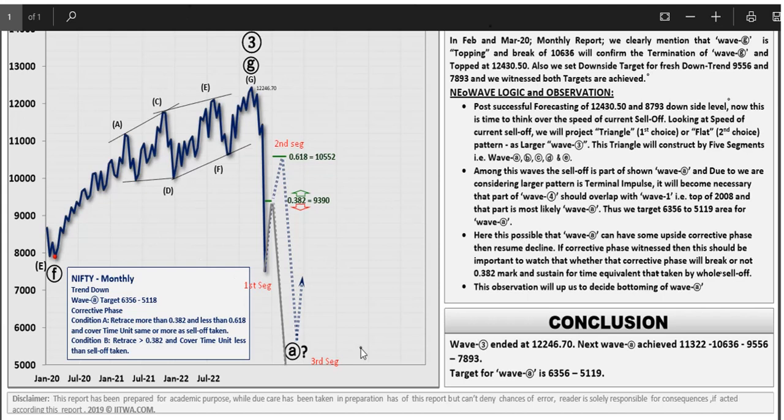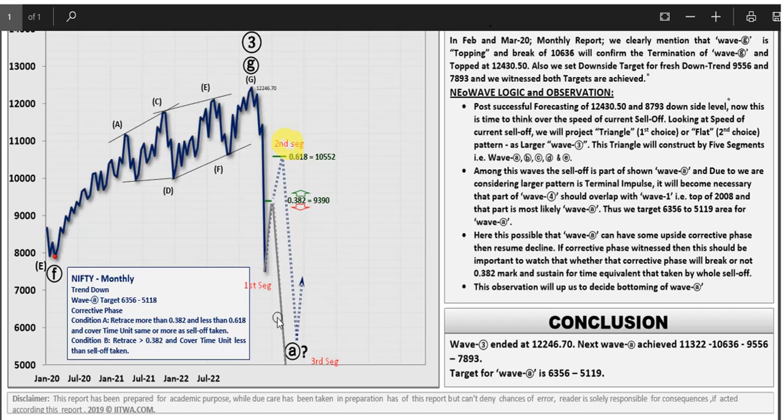So the synopsis of this chart is that we need to first observe this second segment, how much retracement occurs, below 38.2% or above 38.2%, and how much time it will consume, the same time as the first segment or less time than the first segment.